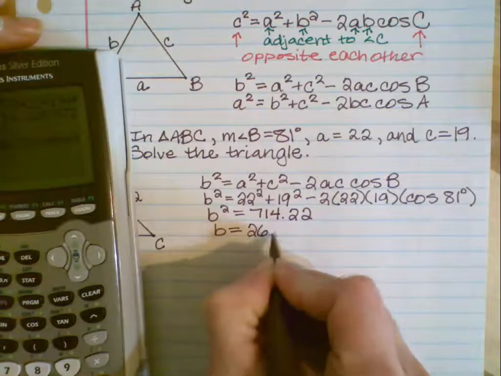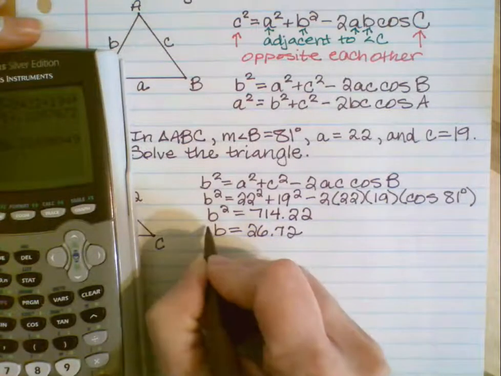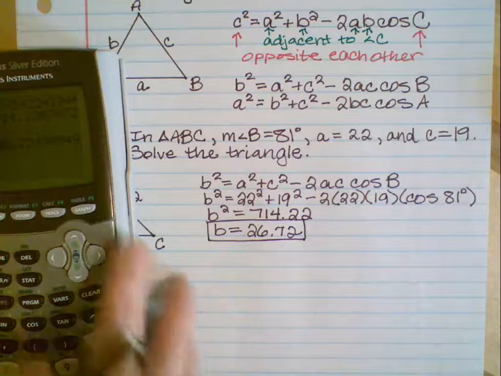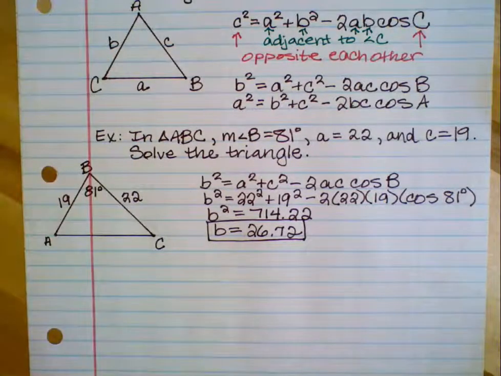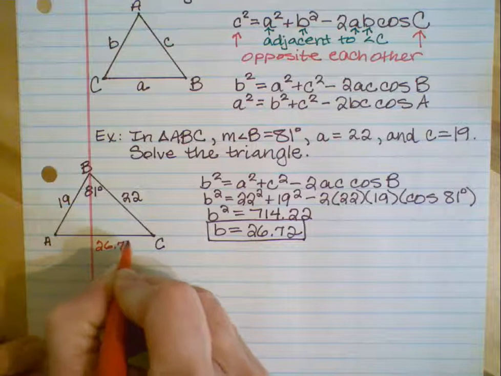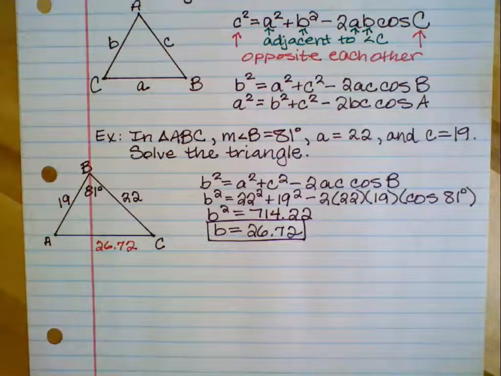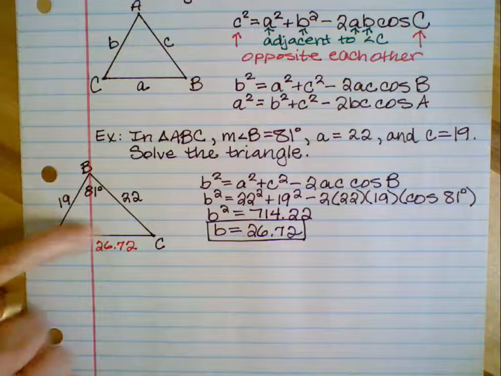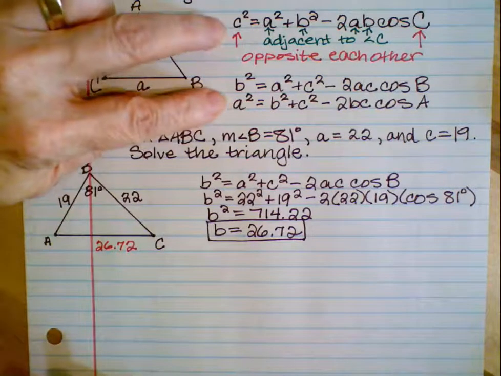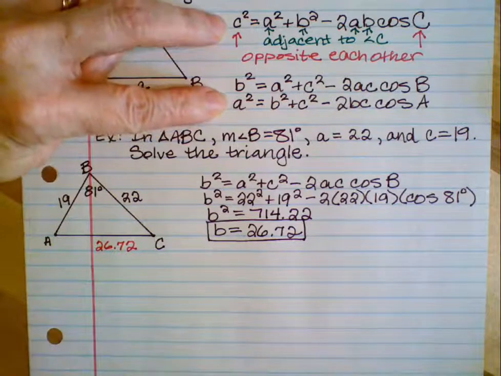Now that is a rounded answer, and I know typically math teachers will tell you not to round until the very end, which is why I tried to use that second answer function. But here's the situation. With this law of cosines, we've now determined the length of segment B is 26.72. But what we're also asked to find when we're asked to solve the triangle are these two unknown angle measures, the measure of angle A and the measure of angle C. To find those, you're going to need one of these other variations of this law of cosines.